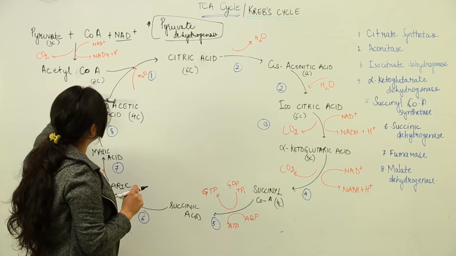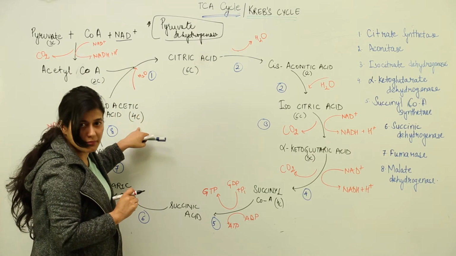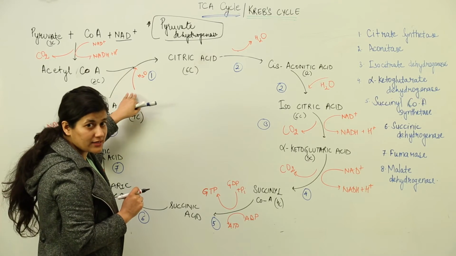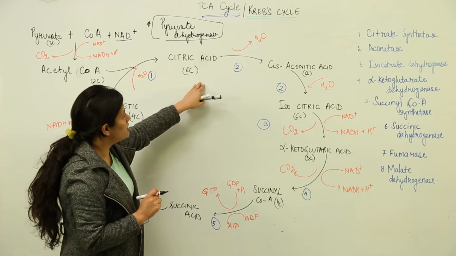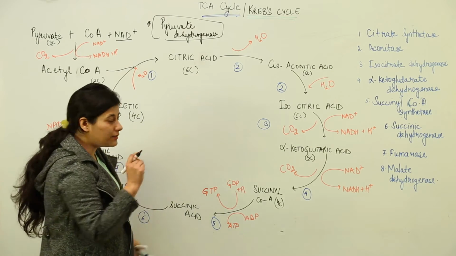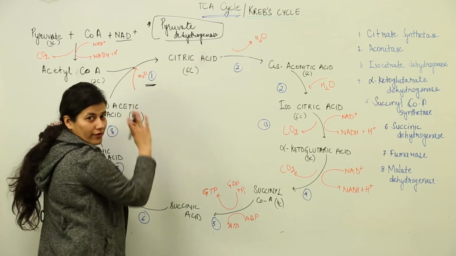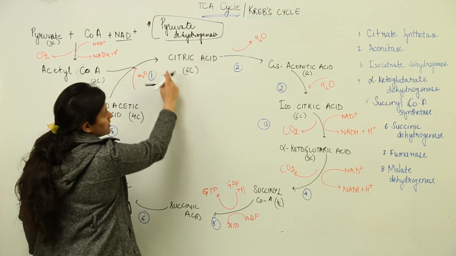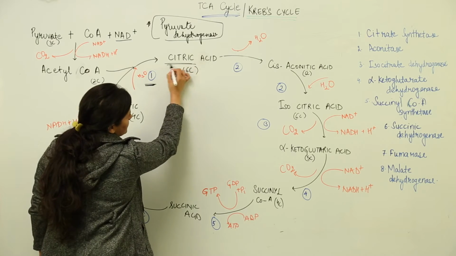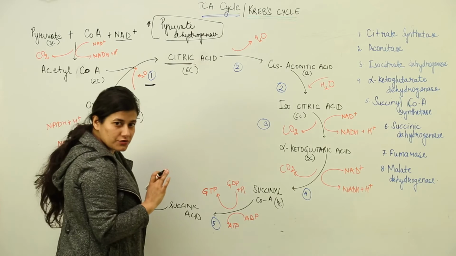Oxaloacetic acid combines with the 2-carbon compound in the presence of water, taking a water molecule, and leads to the synthesis of citric acid in the presence of the enzyme citrate synthetase. I said synthesis because synthesis is taking place, so the enzyme involved is the one doing the synthesis, that is citrate synthetase, which gives rise to citric acid.